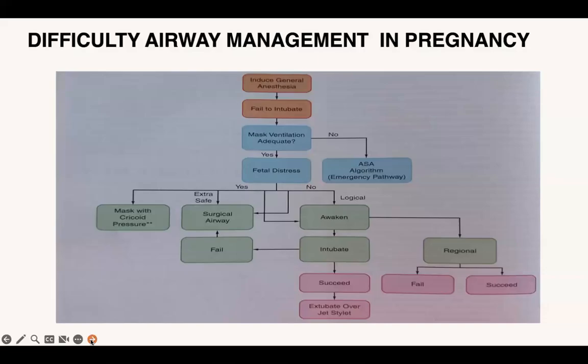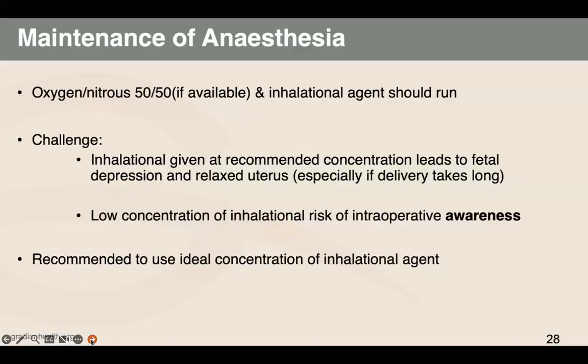Okay, next slide. So maintenance of anesthesia. In our setting, usually it's oxygen with inhalational agents. However, oxygen with nitrous oxide 50% is also used. Inhalational agents common to our environment are halothane and isoflurane.